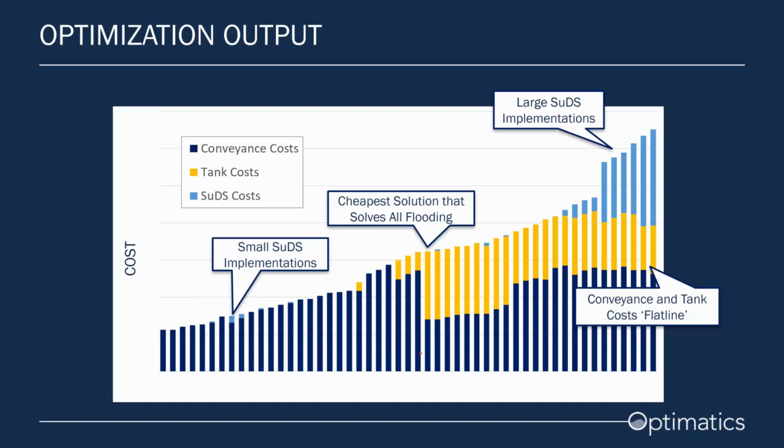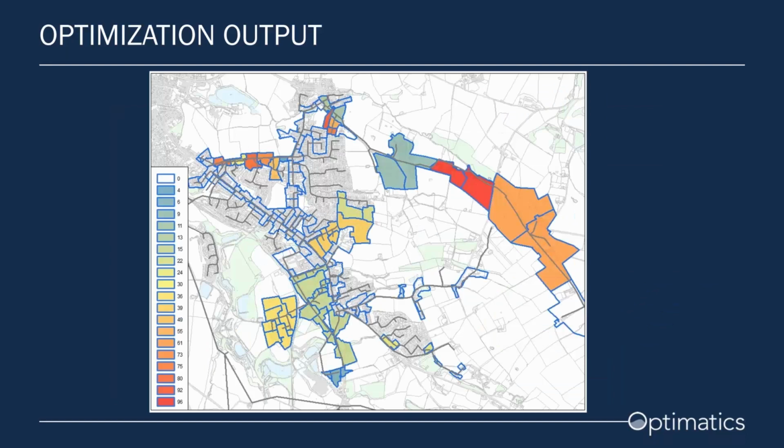So to help give us confidence in if we are going to invest, where they should go, this is another example of output that you could extract from the Pareto. What we're seeing here is a heat map of our subcatchments, and the likelihood that a certain subcatchment has been selected for a green infrastructure intervention is what is being coloured.